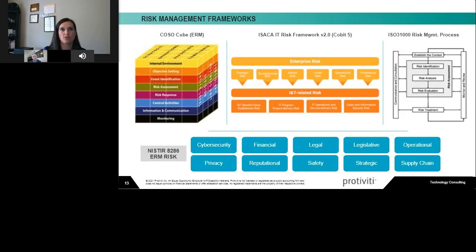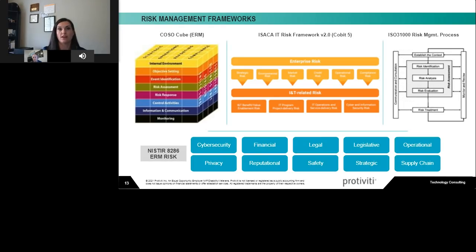So for those of you that are developing an ERM program or don't know what ERM is, here's a really good starting point. These are resources, and there are many of them, such as the COSO framework, which is the Committee of Sponsoring Organizations, OMB circulars, Office of Management and Budget, ISO 31000, and the ISACA IT risk framework. These are frameworks and guidance to help you process and implement an ERM program.